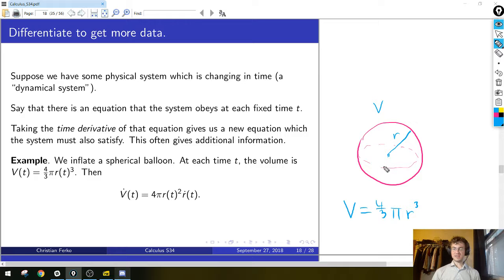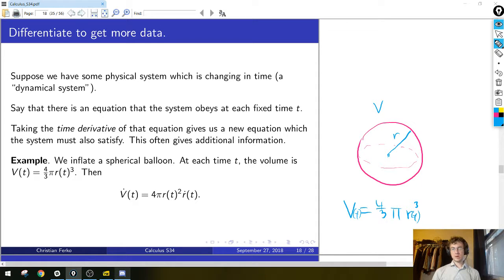The difference now is that we're inflating the balloon, so volume and radius, I'm going to try to put in little parentheses here, V(t) and r(t), are now changing in time. If I inflate the balloon, the volume gets bigger, the radius gets bigger, but at each fixed time, they satisfy this relationship.